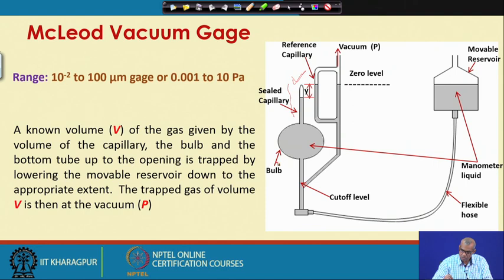This is a bulb, and again a tube is attached. Another tube is connected, and the vacuum source whose pressure I want to measure is attached here. So, there is a reference capillary attached here.